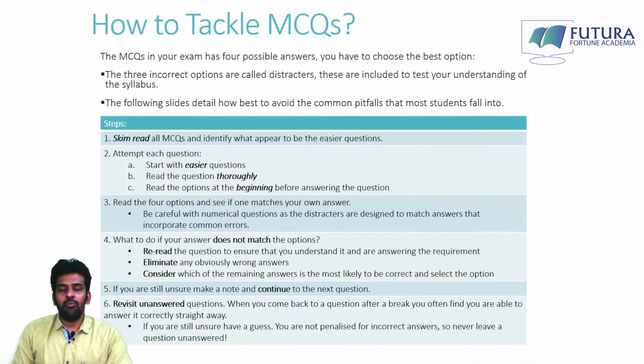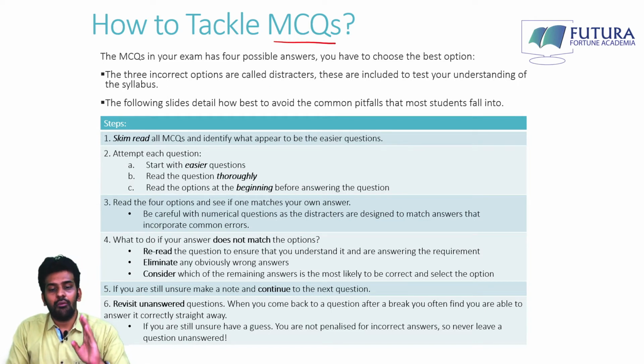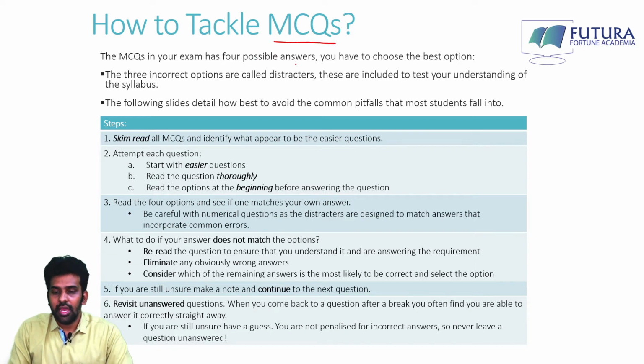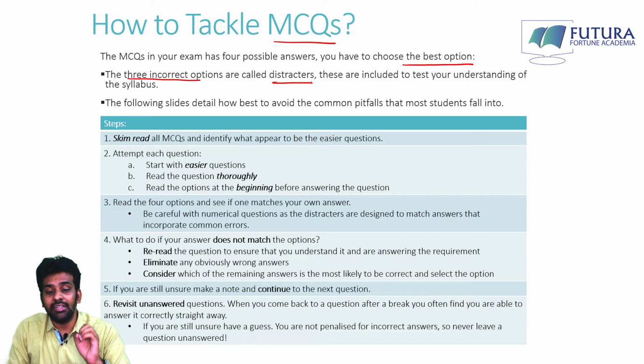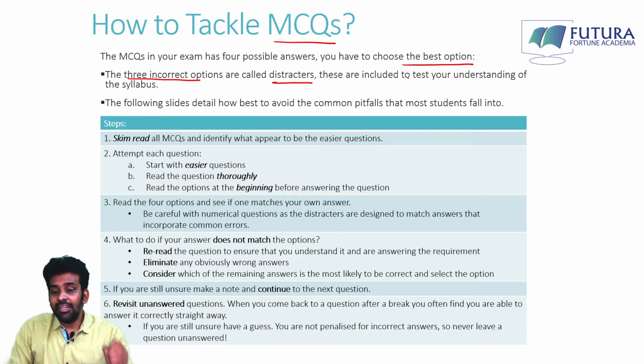Now, before we move on to the main topics, let us look at how we tackle these MCQs, which are multiple choice questions. So your MCQs have possibly 4 answers and you need to choose the best option that fits the answer. There will be 3 incorrect options, which are also called distractors. These are included to test your understanding of the syllabus.